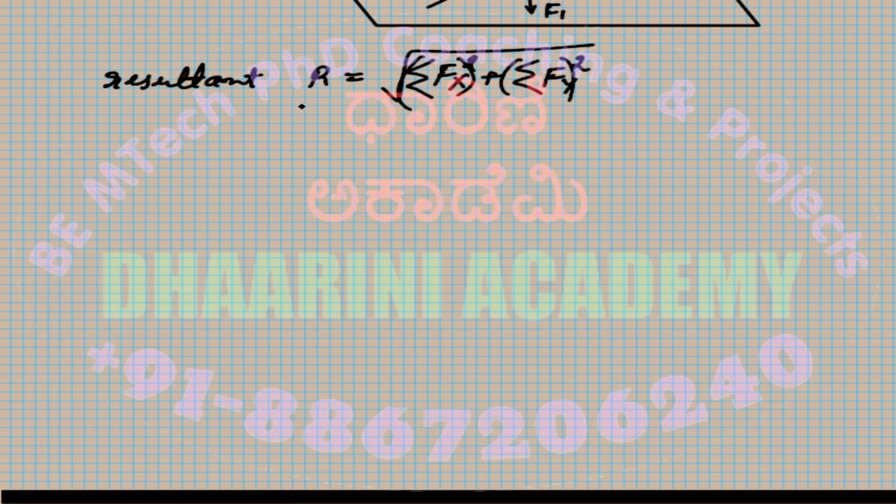Then there will be what is called the angle of the resultant. The resultant's magnitude is this, and theta is simply tan inverse of sum of Fy divided by sum of Fx.